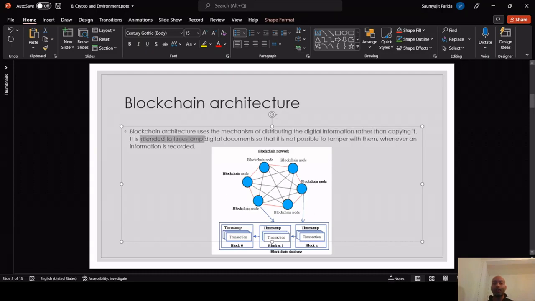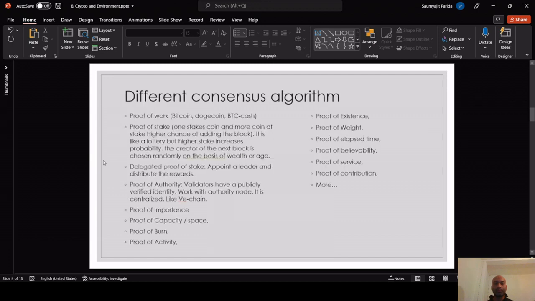It is intended to timestamp digital documents so that it is not possible to tamper with them whenever information is recorded. This thing we already discussed, but it's just a distributed platform or environment, where the node is distributed with all the blockchain details.